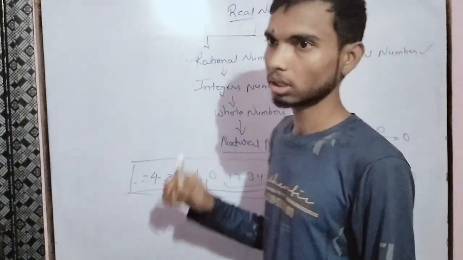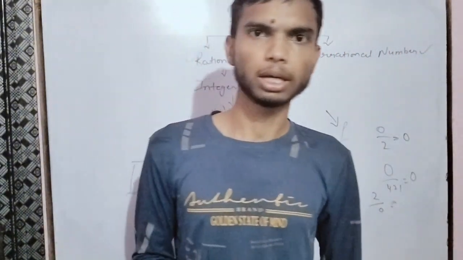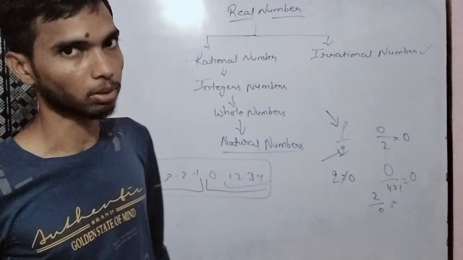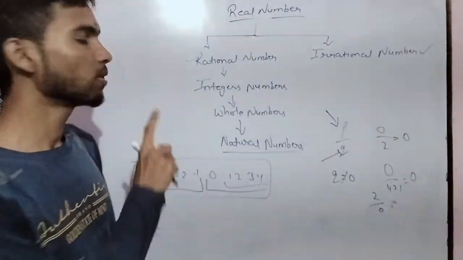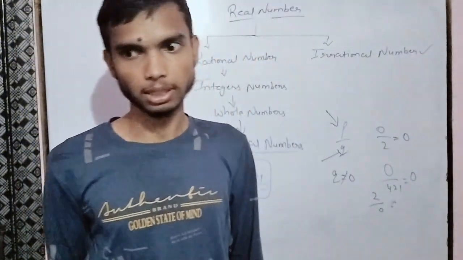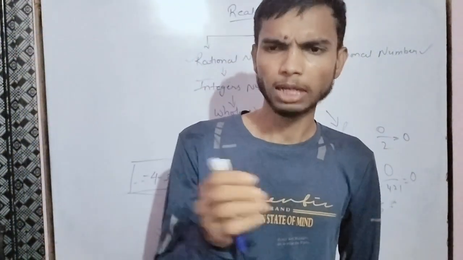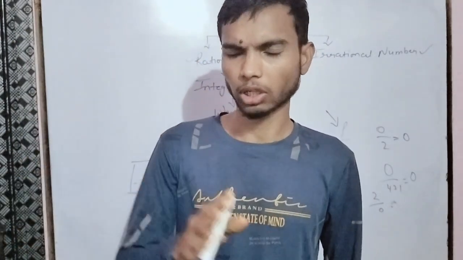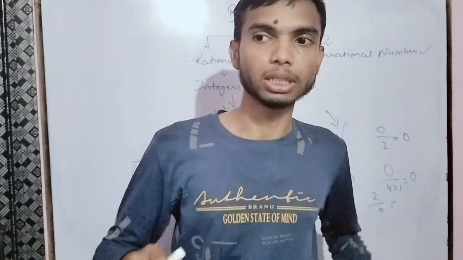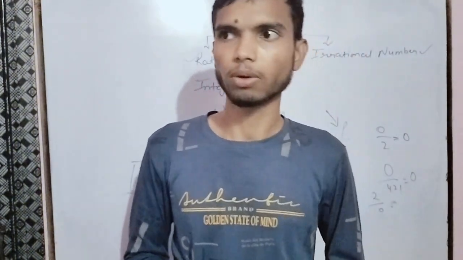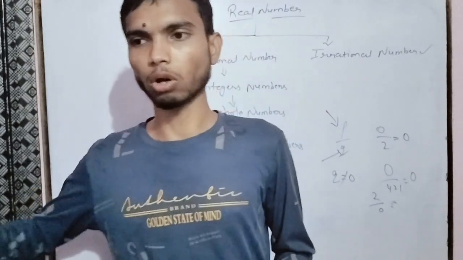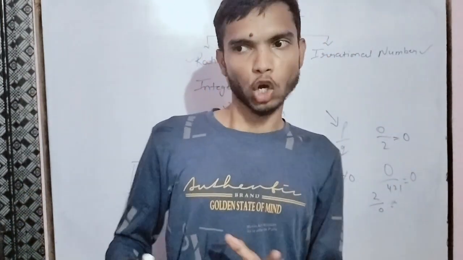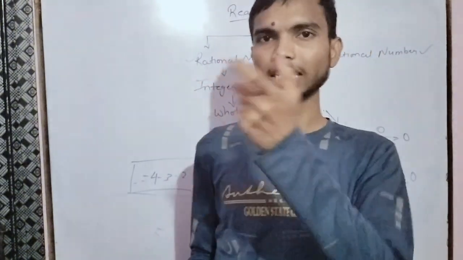Irrational number. Understanding an irrational number is very easy when we understand the meaning of a rational number. A number which is in the form of p upon q is a rational number, where q is not 0. Then irrational will be the opposite: a number which cannot be represented in the form of p upon q.